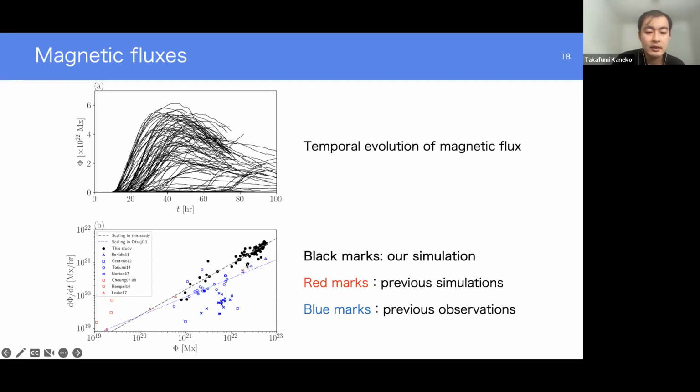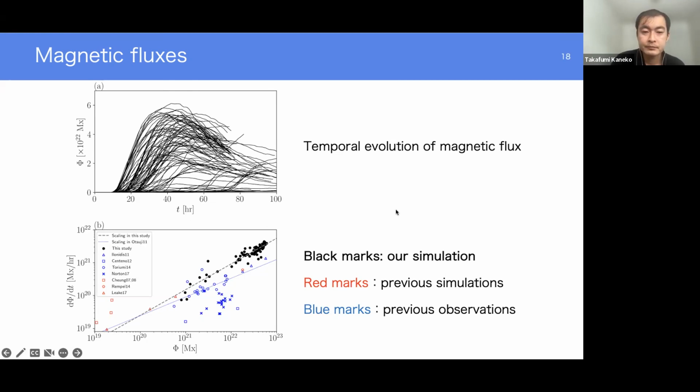But of course, as I said, there are no-flux-emergence cases, and sometimes the flux is very small. Also in our simulation, the flux emergence rate is a bit larger than the observation, but we don't know why this happened. Anyway, this is a comparison with the observation.